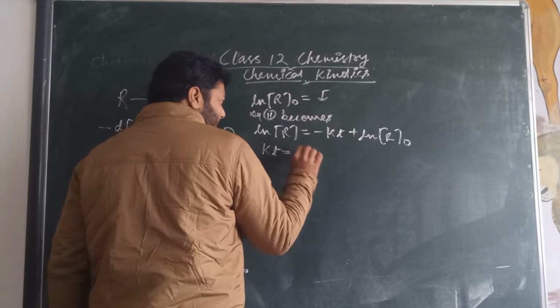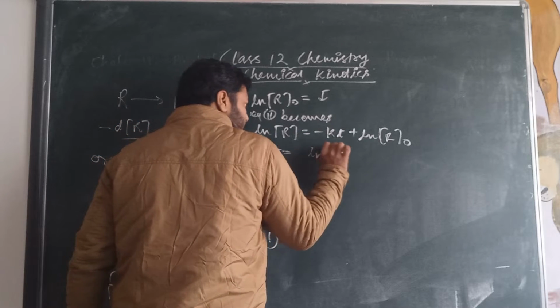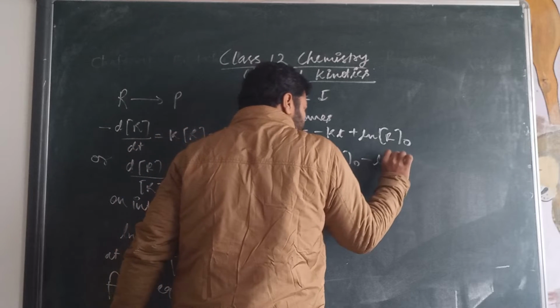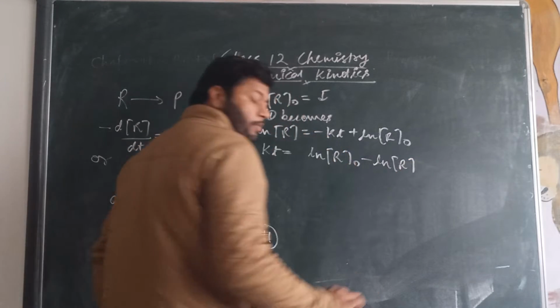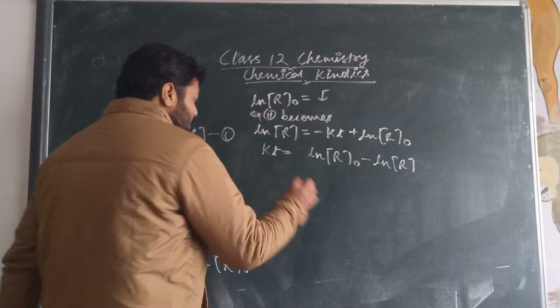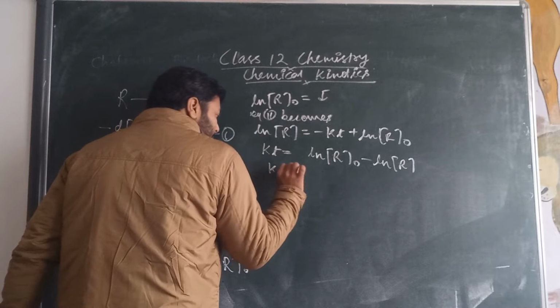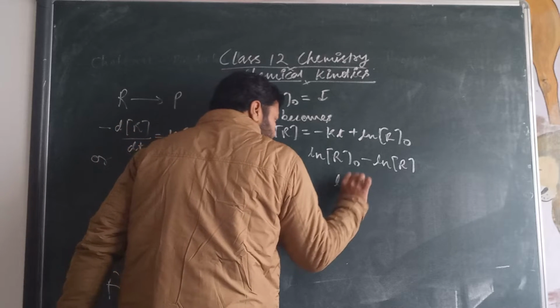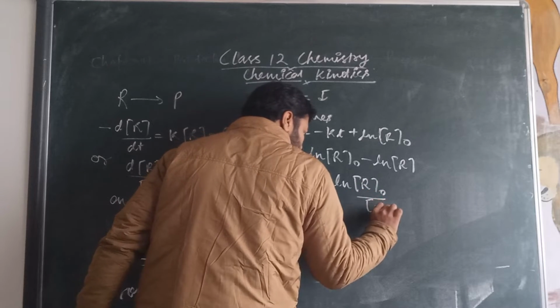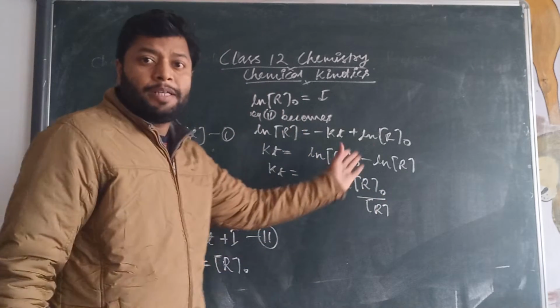kt equal to ln R0 by R. In the log, subtraction becomes division as per the formula. So it can be written like this.